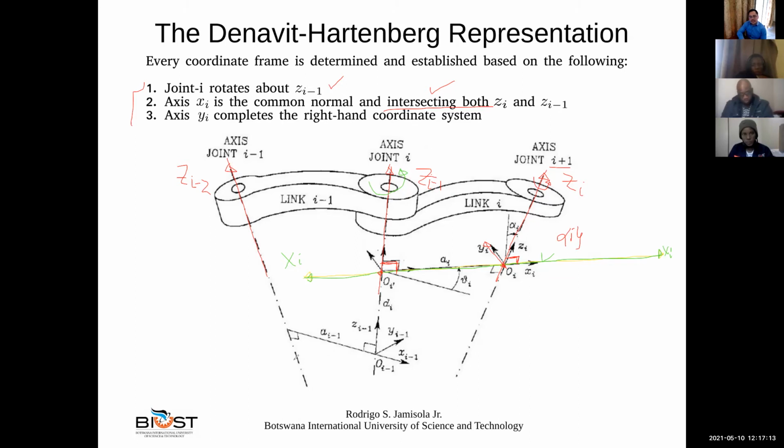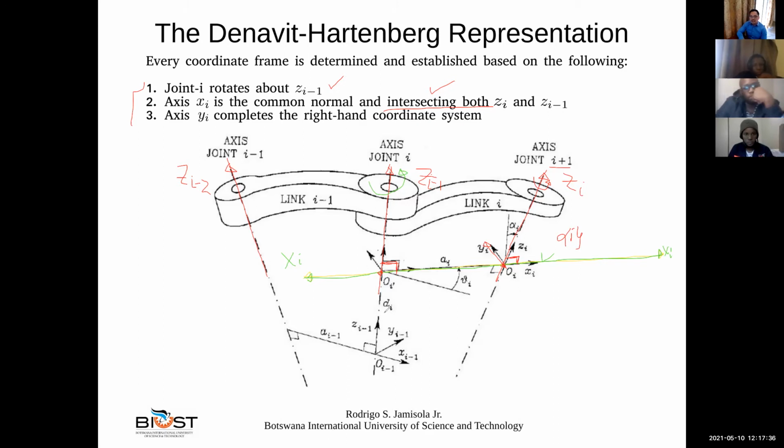Now, if this is the Z axis I minus 2, and this is I minus 1, we can define a common normal, Xi minus 1. Again, it is the common normal, intersecting Zi minus 1 and Zi minus 2.